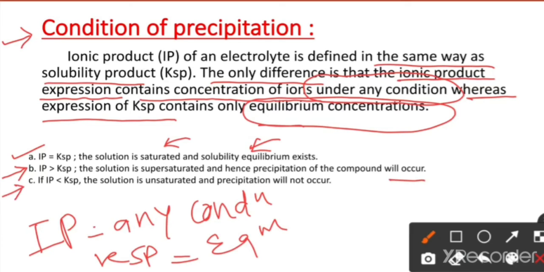Third condition, if ionic product is less than solubility product, or solubility product is greater than ionic product, the solution is unsaturated and precipitation will not occur.